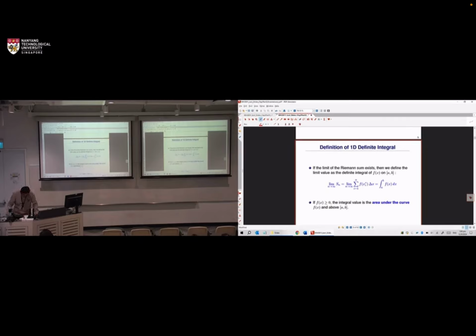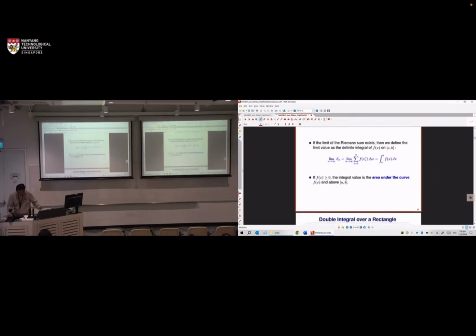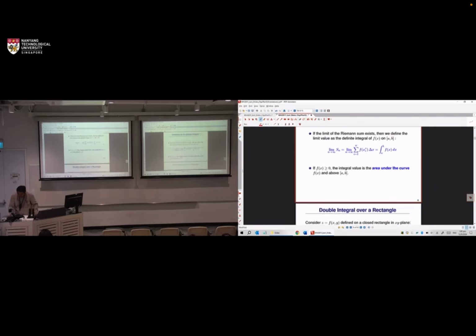So you should remember this is your height, this is your width. Height times width gives you the area of each rectangle. Our aspiration is always to let n approach infinity.